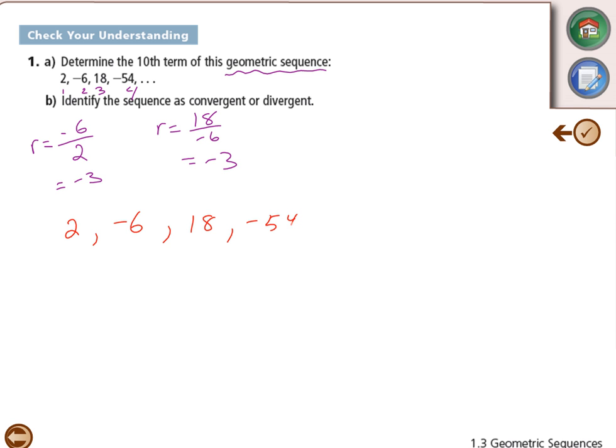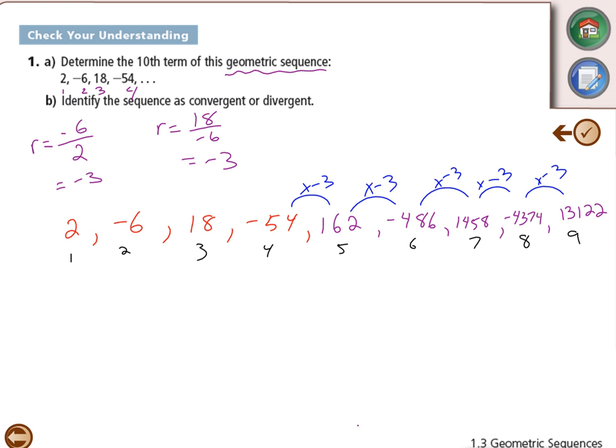All right, let's get to the next one. Multiply it by negative 3. That's going to give us 162. And then do that again. Negative 486. Do it again. So we repeat it.